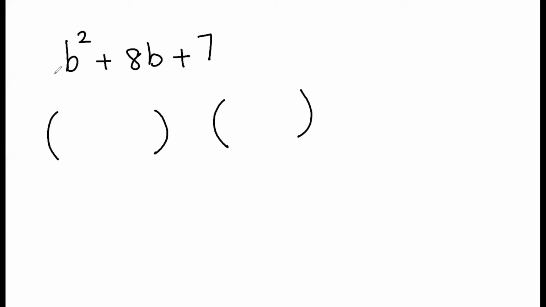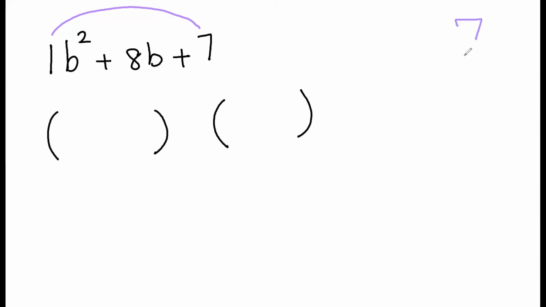Next thing you would do is you look at the coefficient of b squared. I see that that is 1. I am going to multiply 1 and the constant, which is 7. So 1 times 7 is 7.